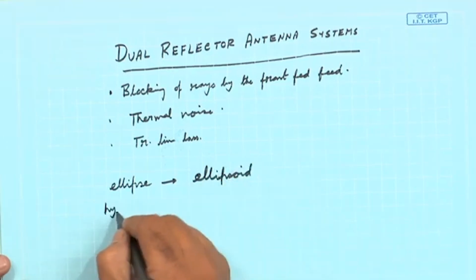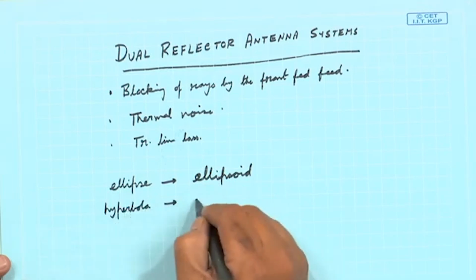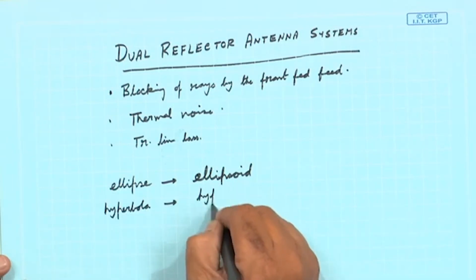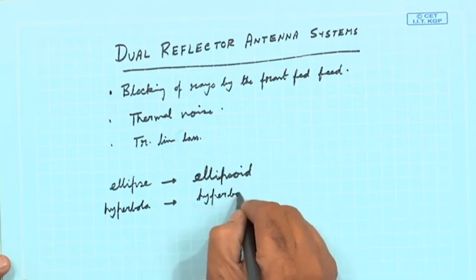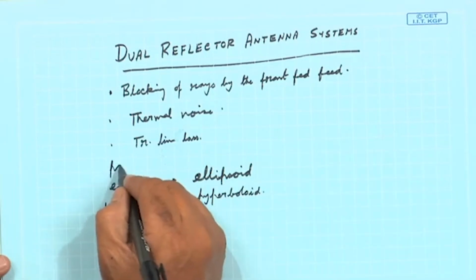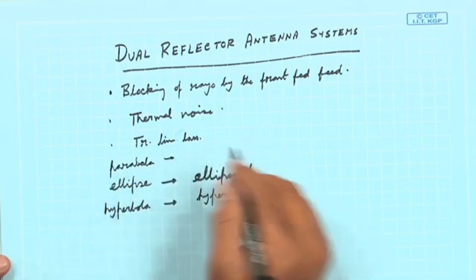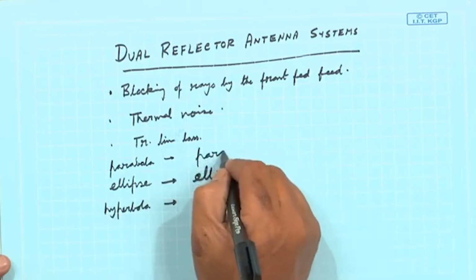Similarly, a hyperbola, if it is rotated, we get a hyperboloid. Already we have seen a parabola, if it is rotated we get a paraboloid.